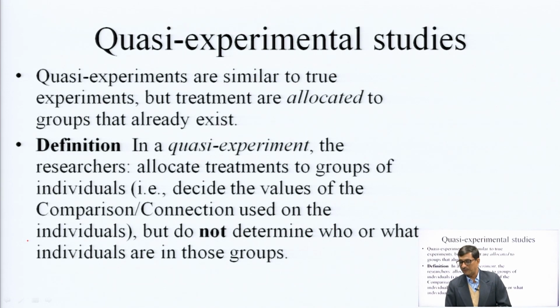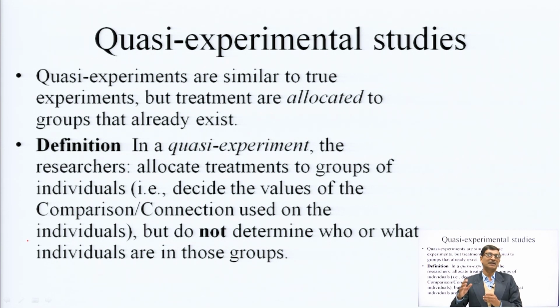Another is the quasi experimental study. It is similar to a true experiment, but treatments are allocated to groups that already exist. That is the difference between true experiment and quasi experiment. In a true experiment, first the investigator divides the people into two groups, then he decides which one goes to the treatment group and which one goes to the control group.